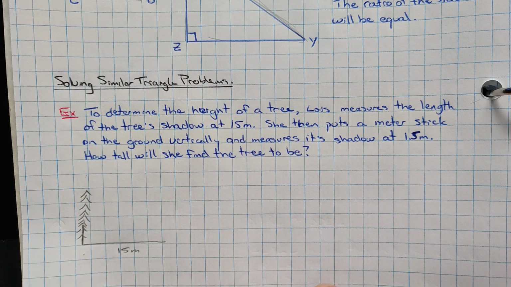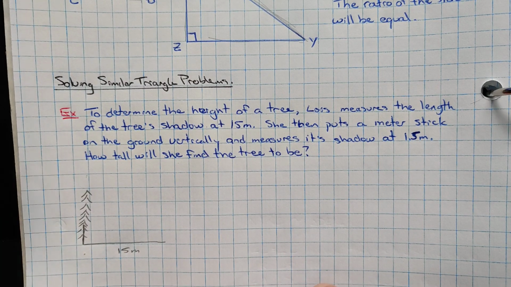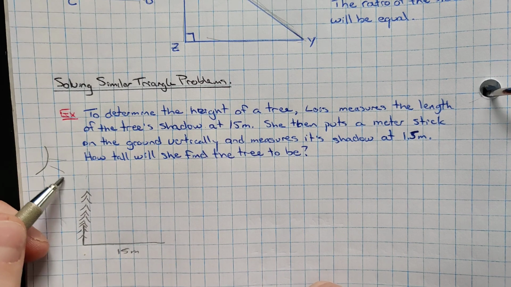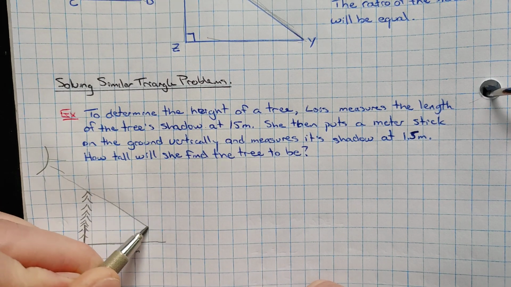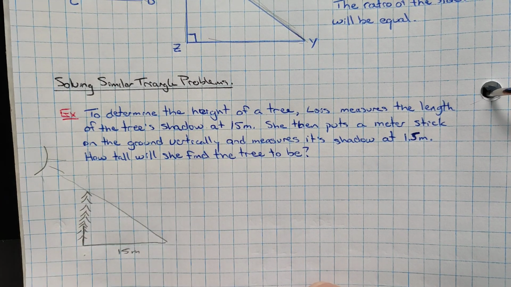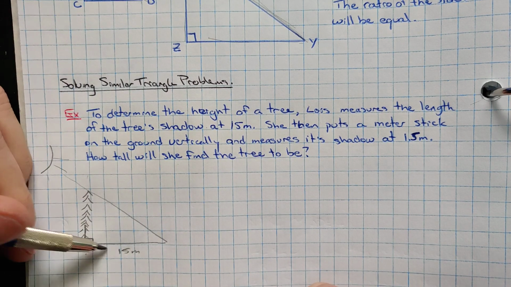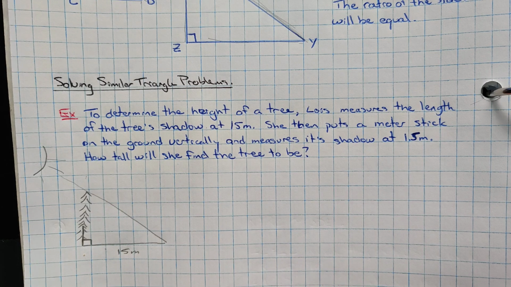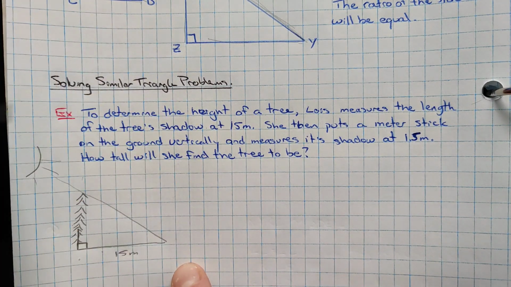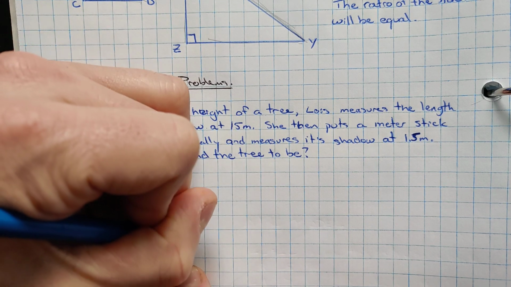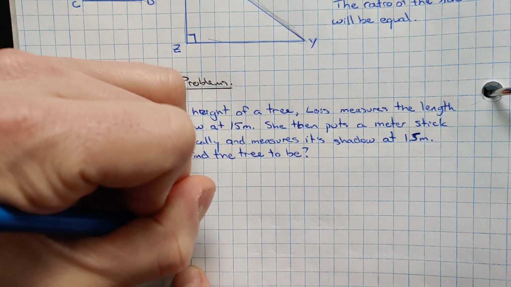Now, our triangle comes in because that shadow is being made by the sun shining its rays down, and one of those is catching the top of the tree, and then the shadow is coming down like this. So essentially what we have here is a right triangle with the ground, the tree, and the shadow. The meter stick is being hit by the same rays of the sun, so as long as it's not too far away, we're going to have this meter stick sticking out of the ground.